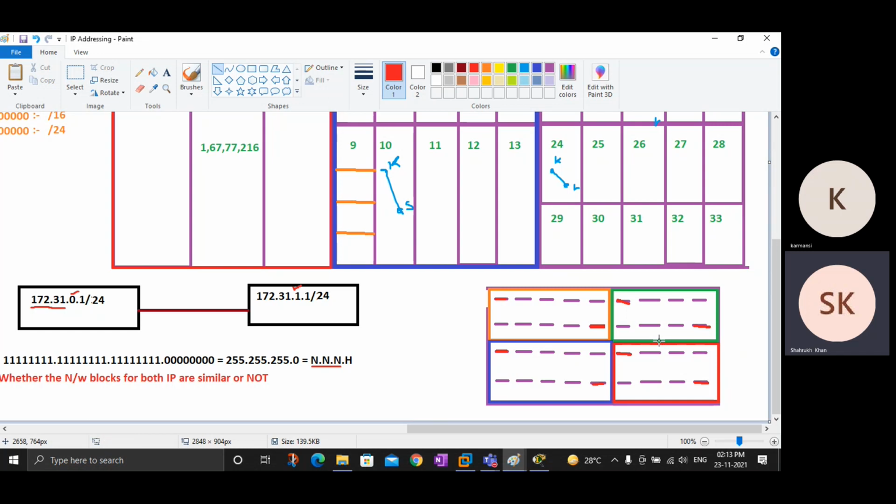So before, when there was a single room, only one network address and one broadcast address was there. But now we have 4 rooms. Each room will have a network address, each room will have a broadcast address. That's why we are getting 4 network addresses, 4 broadcast addresses, because we divided that room into multiple parts. Okay. Understood. Yeah.